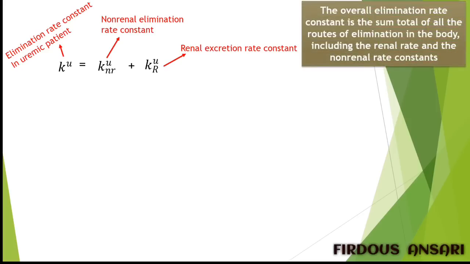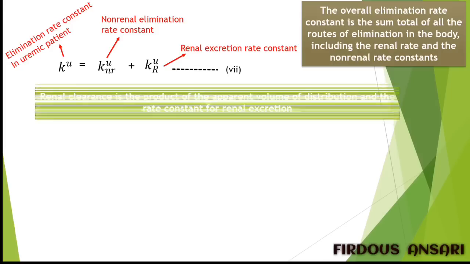The overall elimination rate constant is the sum total of all the routes of elimination in the body, including the renal route and the non-renal route. Let it be equation number 7.